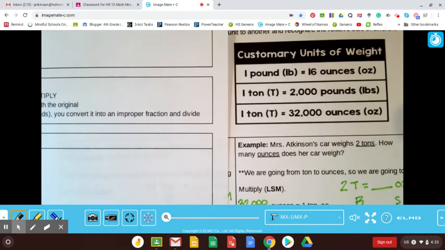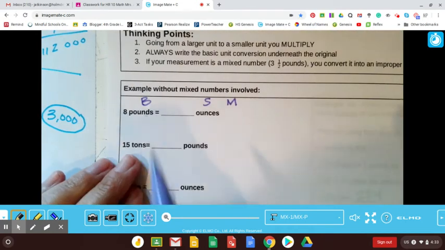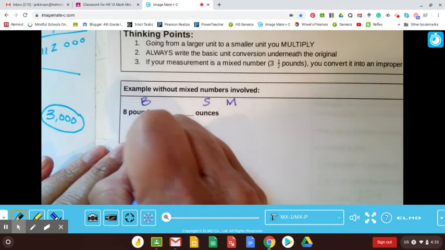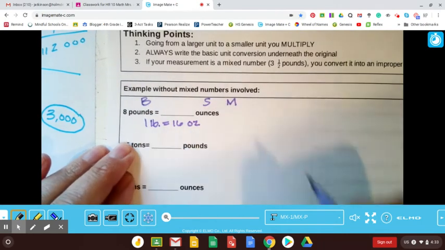So I need to find out how many ounces are in a pound. And I find out here on my chart, 1 pound is 16 ounces. So I like to write that 1 pound equals 16 ounces.